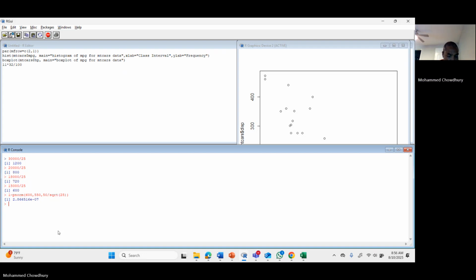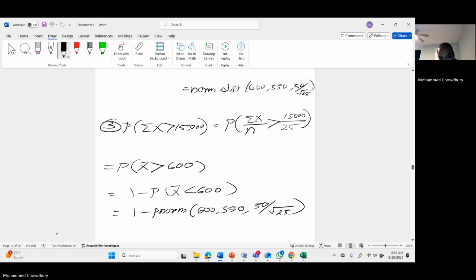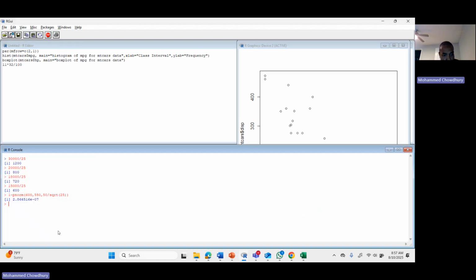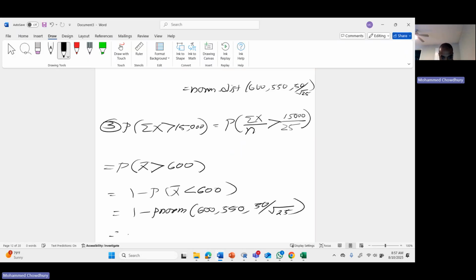It is a very small probability, very close to 0.